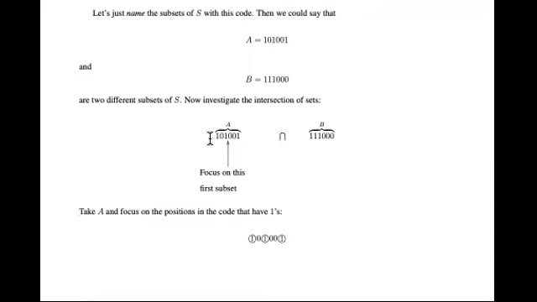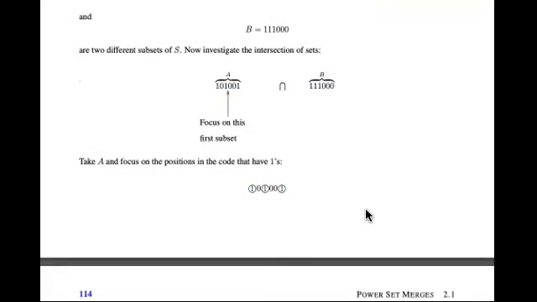So let's take this subset, and let's intersect. There's different ways we could think about intersection now with these codes. So here, let's take A and focus on the positions in the code that have ones. You see we have a 1 here, here, and here. Remember, intersection is kind of like what's the same in each, right? Well, what is in each?